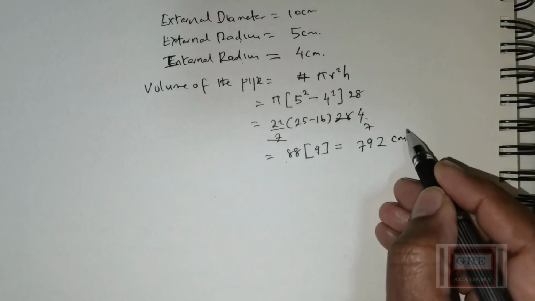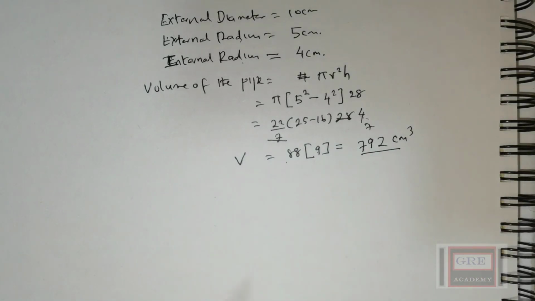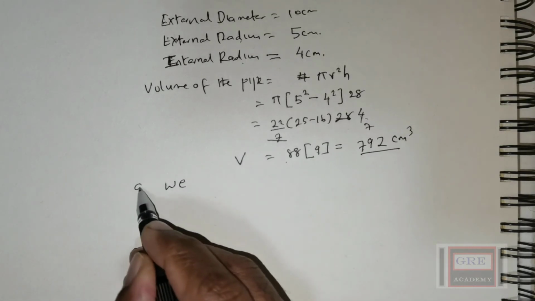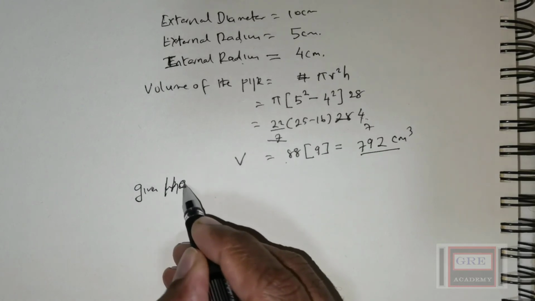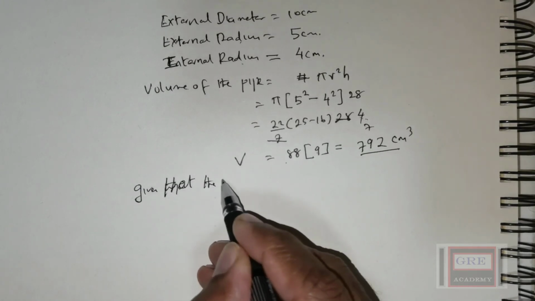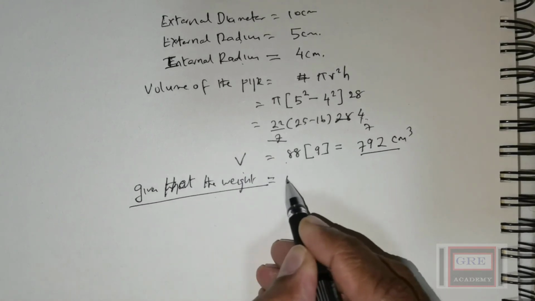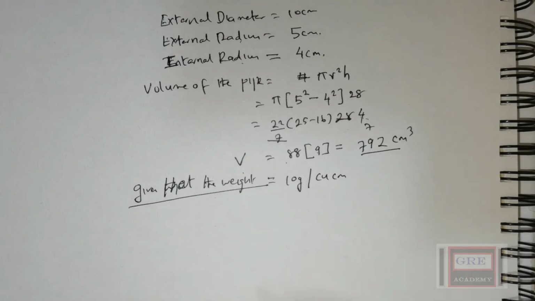So this is going to be cm cubed. This is the volume. Now we are asked to find the weight, right? So what are we given? We are given that the weight is 10 gram per cubic centimeter.